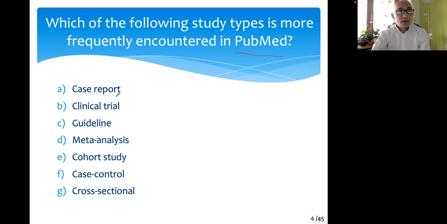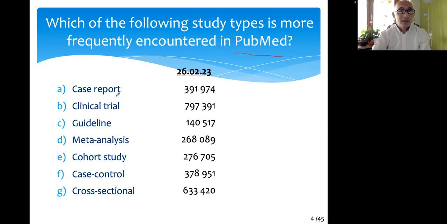Yeah, I also wondered this, and I made a search using PubMed, and it comes out that cross-sectional studies are one of the most common, of course, along with clinical trials.